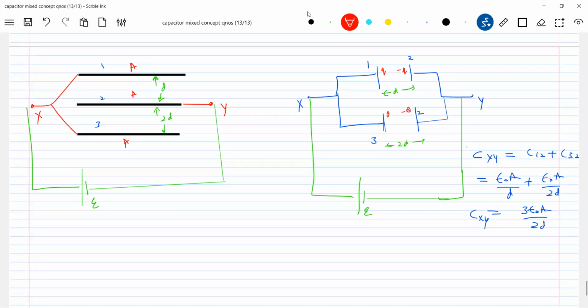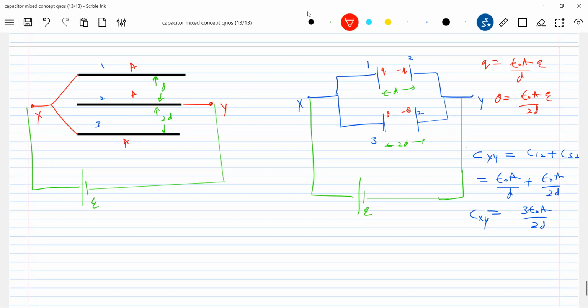Should they be the same or different? Capacitances are different, so charges must be different. What is the net charge on plate 2? You have to take the difference. So what is the charge? Q should be equal to epsilon naught A by 2 into E. And this should be equal to epsilon naught A by 2D into E. Now what is the net charge of plate 2?